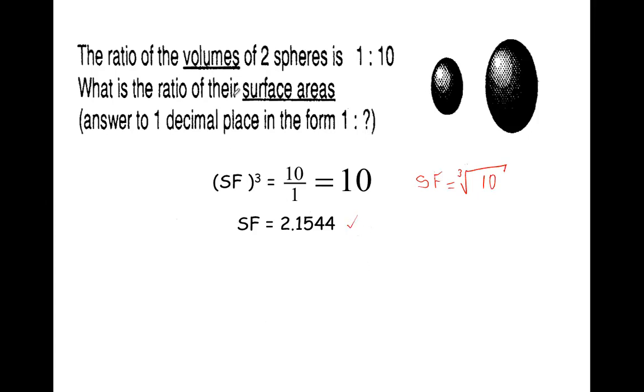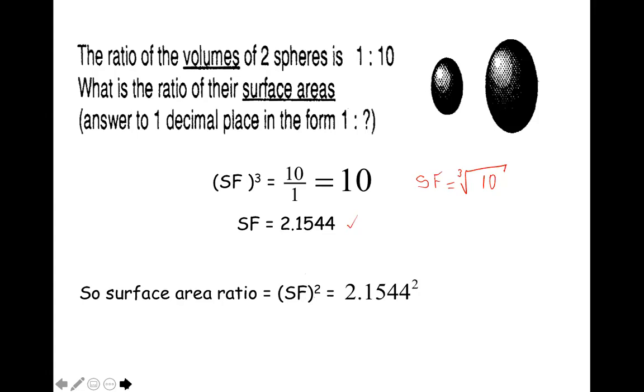Now, to find the ratio for the surface area, because we're talking about surface now, you're going to have to take the SF and square it, and this time you will get 2.1544 squared, and you calculate that, you get 4.64.